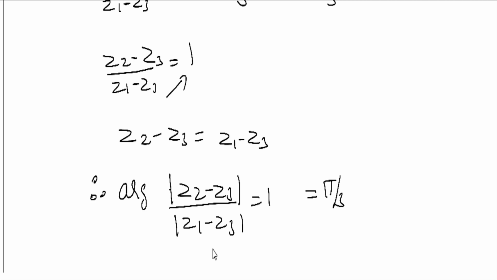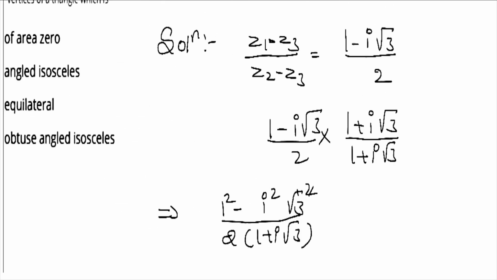So theta is π/3, that is 180 by 3, which means 60. So it should be an equilateral triangle. Okay, third option, correct answer. Thank you, children.